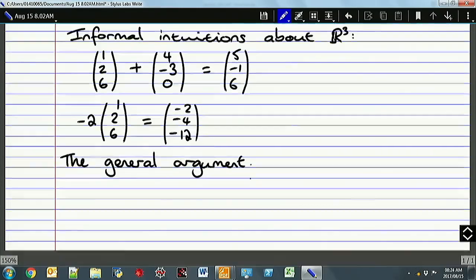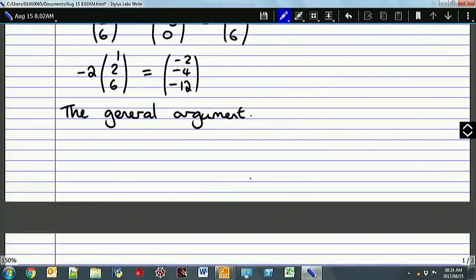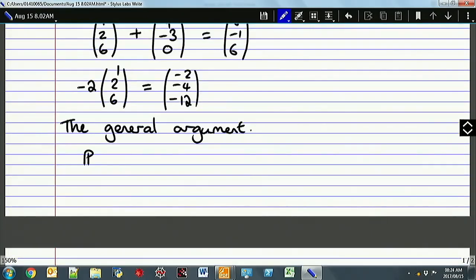Let's start by writing down R3. R3 is a set. It's a set of things, let's say (X, Y, Z).